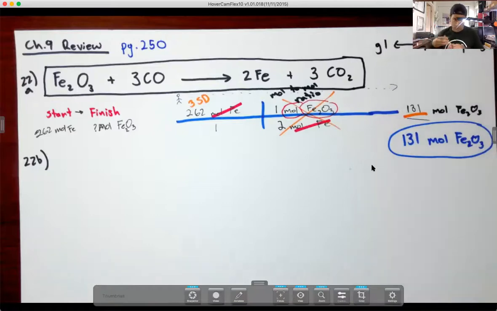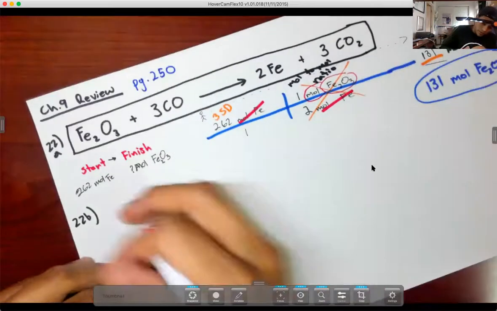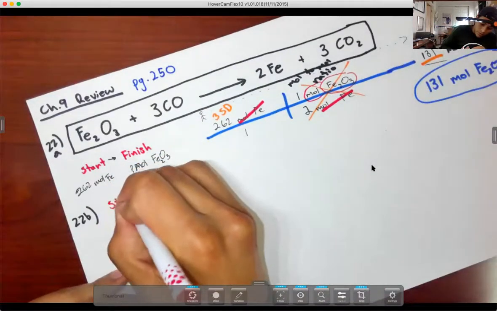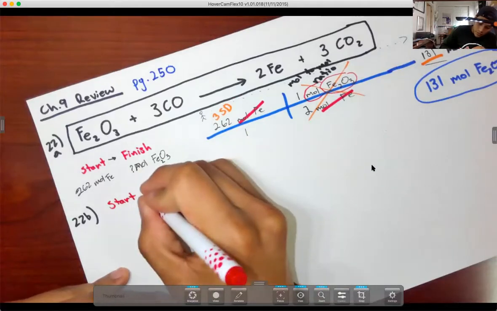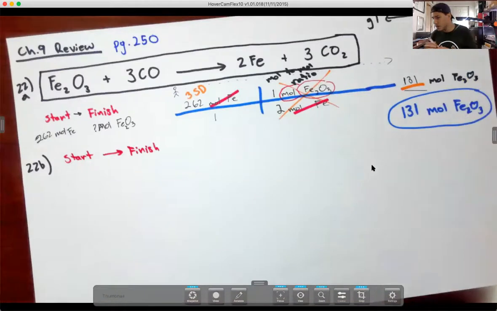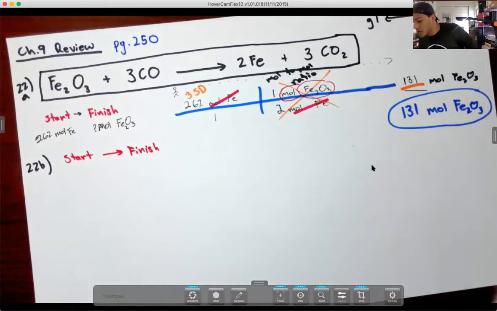We always start by figuring out what we're starting with and what we're finishing with. Ethan, I'm going to read 22B, and I want you to tell me what we're starting with. How many moles of carbon dioxide are produced by the reaction of 64.0 moles of carbon monoxide?